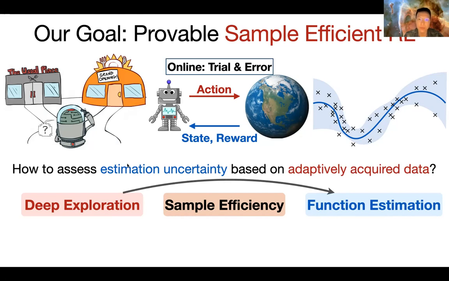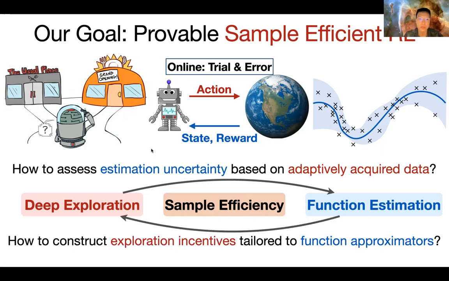But our setting is an online setting, so our data is adaptively acquired. That means the first challenge we need to tackle is being able to assess the estimation uncertainty based on the adaptively acquired data. Another challenge we need to address is exploration.